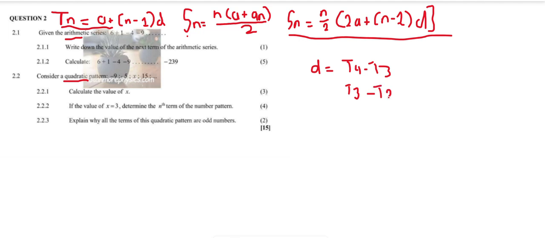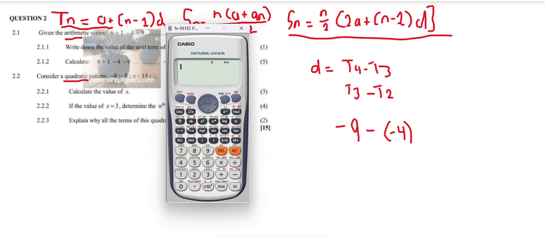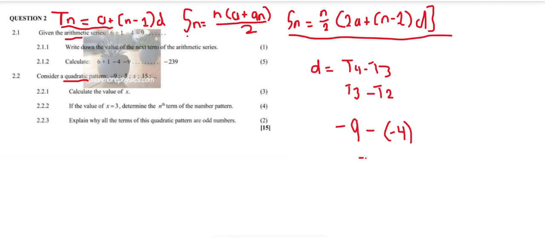Now when we have acknowledged that, so negative 9 minus 5, and minus 4. Let's take out our calculator so that it can give us an answer. So it's negative 9 minus open bracket minus 4. Okay, this eventually gives us negative 5.